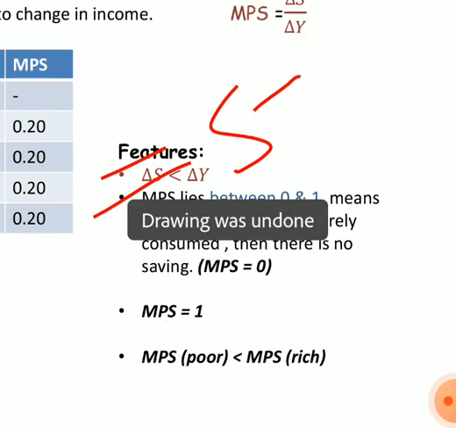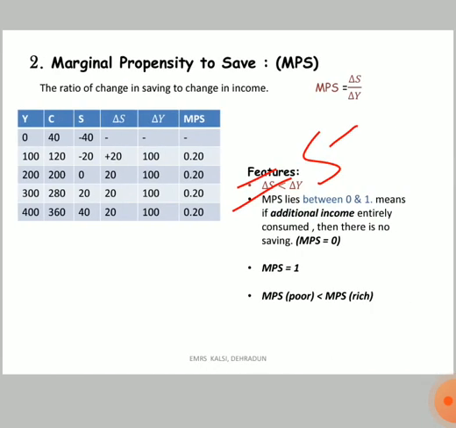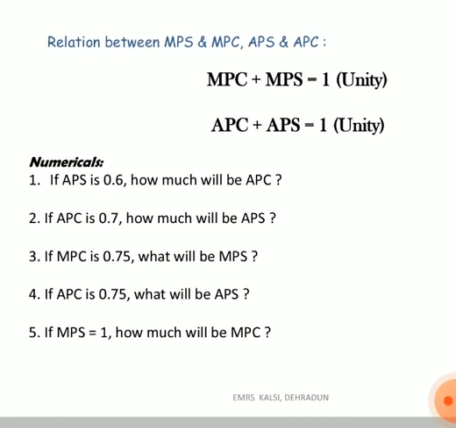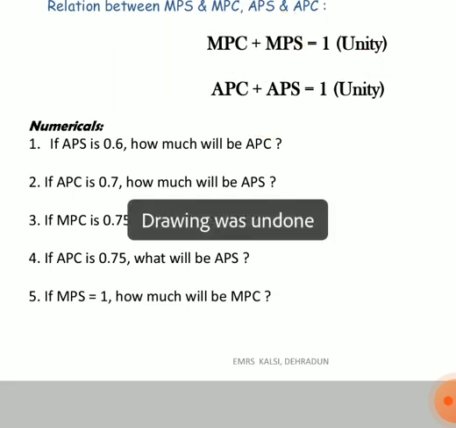We have to remember both the formulas here, using APS and MPS. And one more thing, what is the relation between MPC and MPS? It is equal to 1. The relation between APC and APS equals 1. So this is very important.